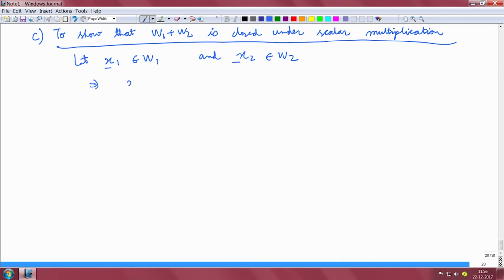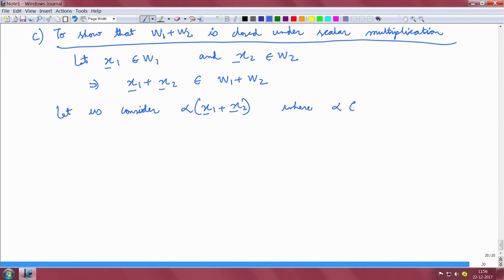We know that x1 plus x2 belongs to W1 plus W2. Now, if we show that a scalar multiple of this vector x1 plus x2 also belongs to W1 plus W2, then we have proved that it is closed under scalar multiplication. So, let us consider alpha times x1 plus x2, where alpha belongs to the real field.